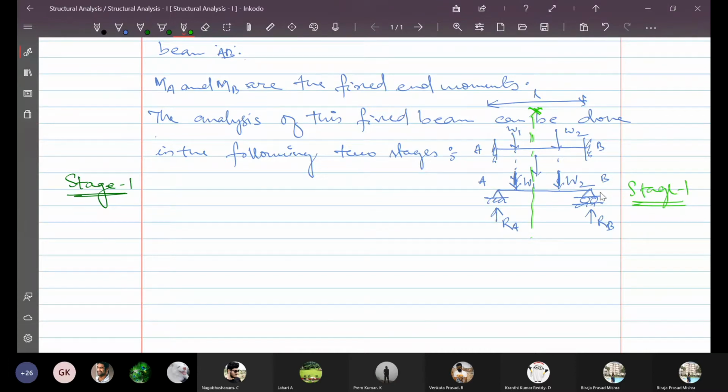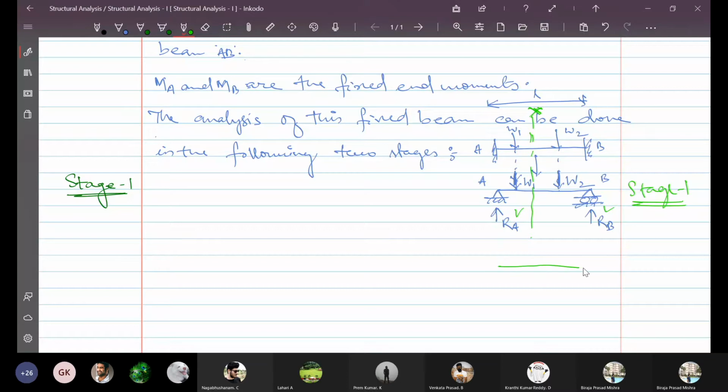So it will consist of a simply supported beam with having these two reactions RA, RB.